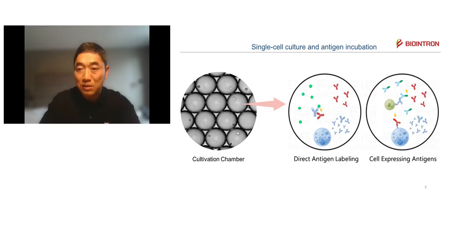Working in a similar way, the membrane-bound antigen will be recognized by the secreted target antibody, followed by the secondary antibodies bound to this Fc part. After this complex is formed, the signal will be detected. Then we will sort all of those positive B cell hits as a whole.